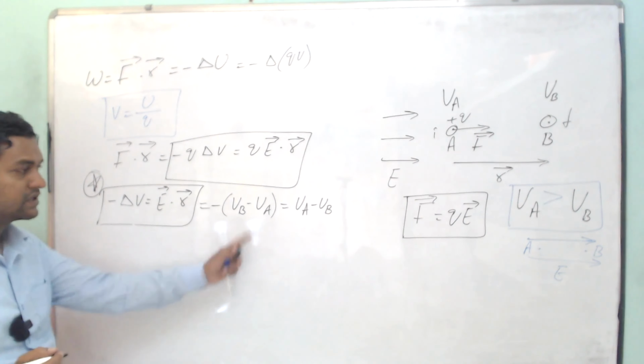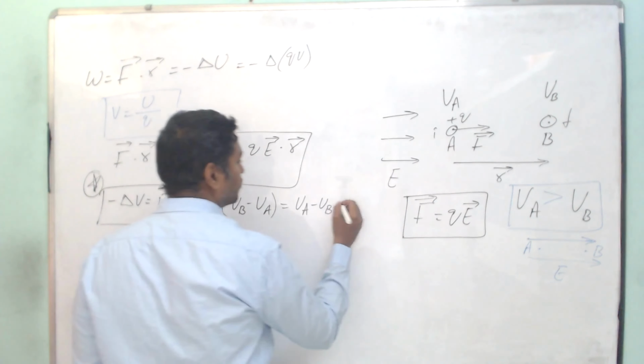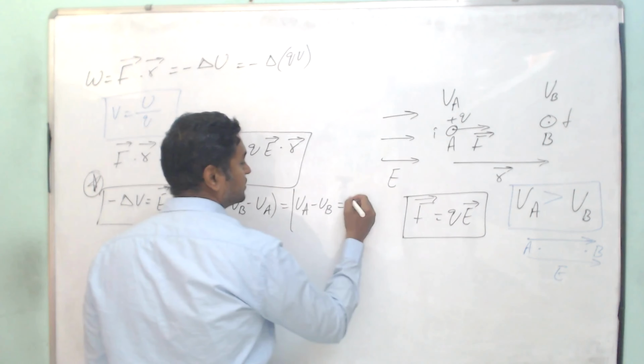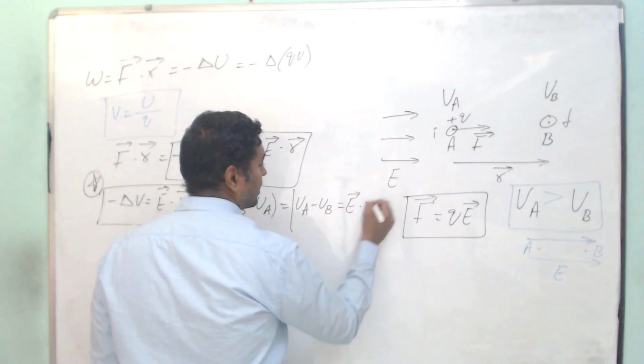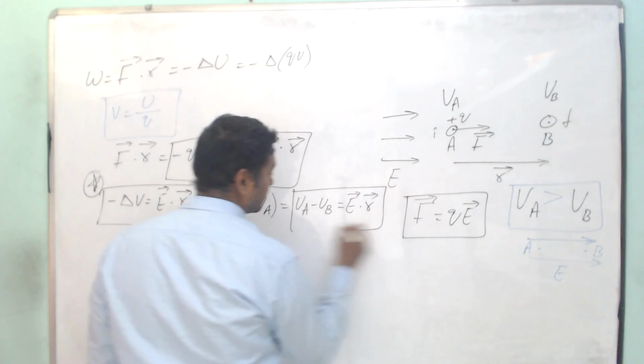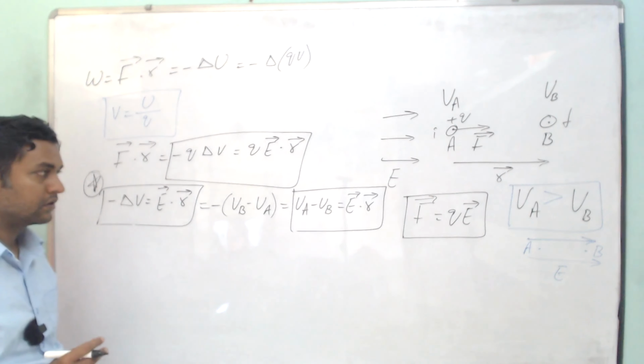If I take the minus sign inside, simply now I can write VA minus VB is equal to E bar dot r bar. Correct? If you take magnitude, you can subtract with magnitude.